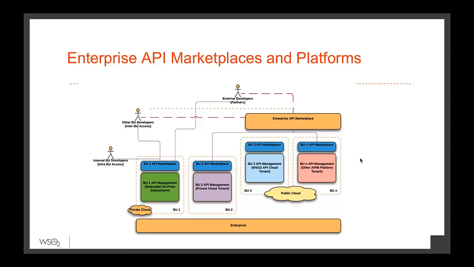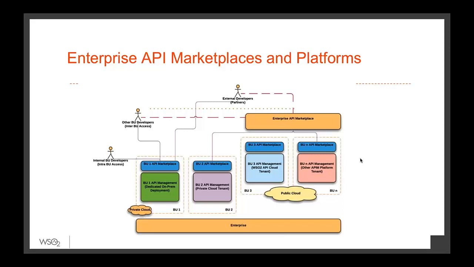It can just be a subset of APIs that are exposed externally, and there can be a central board or central user group which manages the enterprise API marketplace for external developers. So they can decide out of, let's say, the 60 different APIs that are available internally, that these 10 APIs will be published externally.